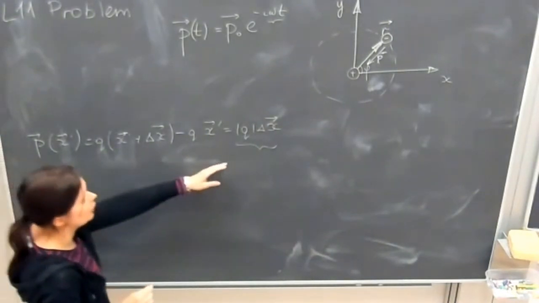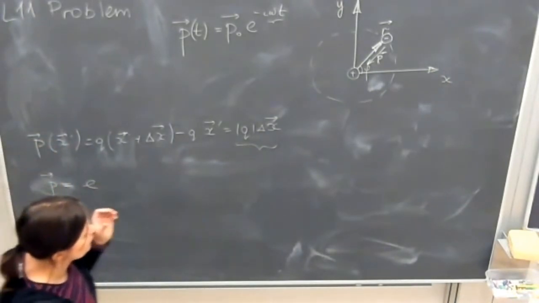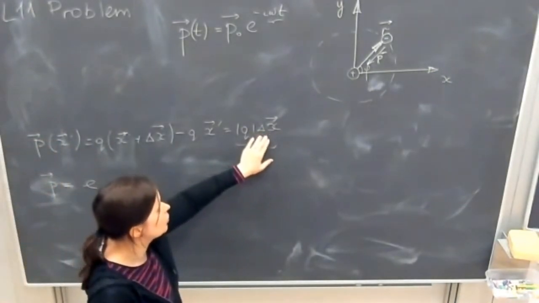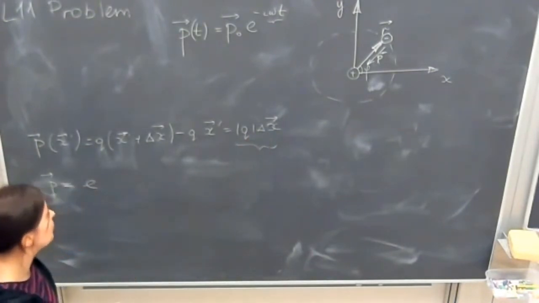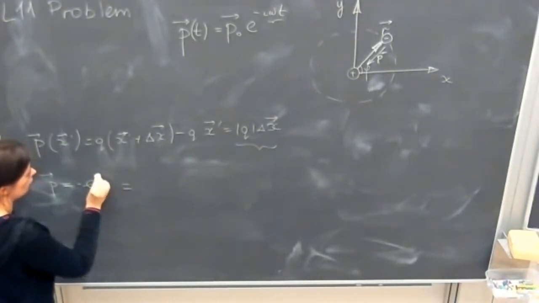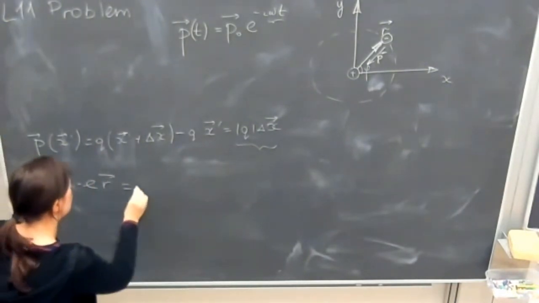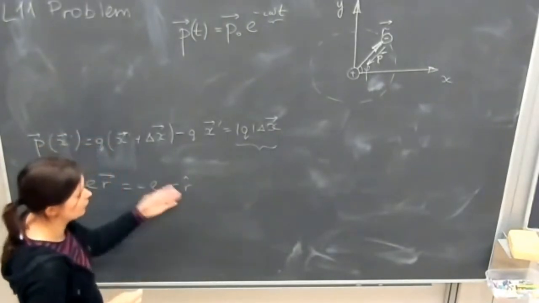Q, the net charge of the electron, is the elementary charge. And then the displacement between these two charges is R, but it's minus R, and then it's equal to some R in the R direction.